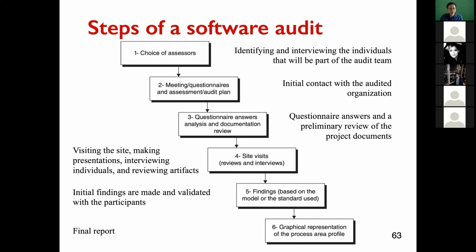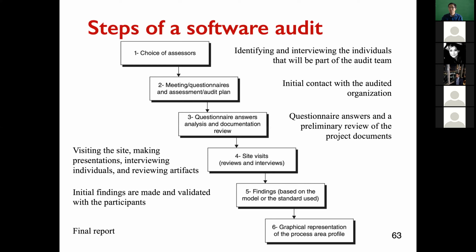And the fifth step: they will have the findings from the interviews and from reviewing the documents. These findings will be validated, and they will produce a final report at last. So this is the process of the external software audit.